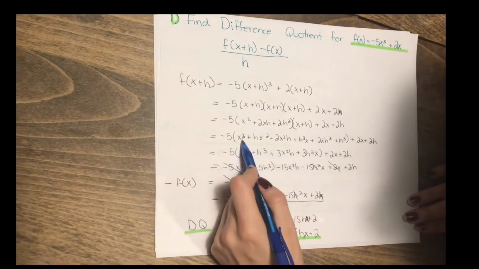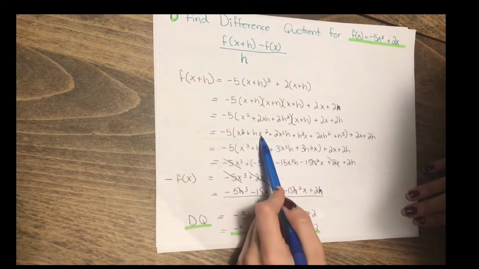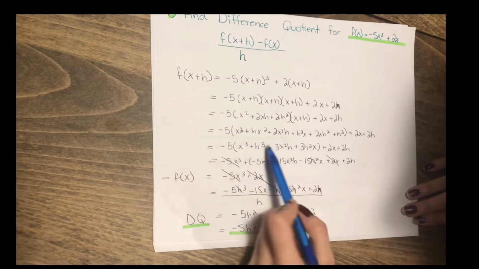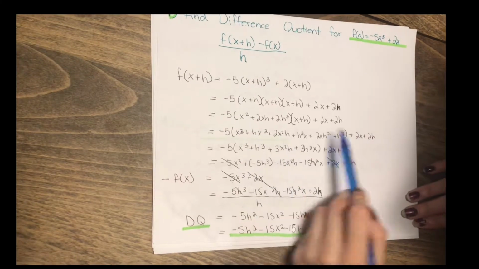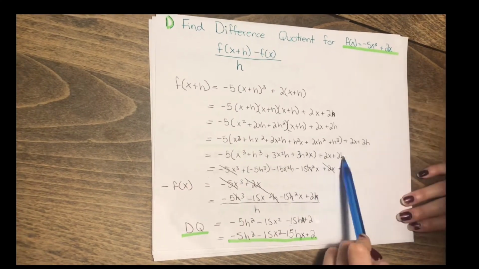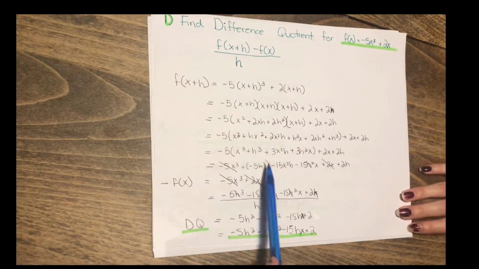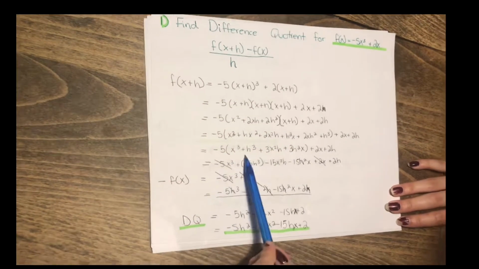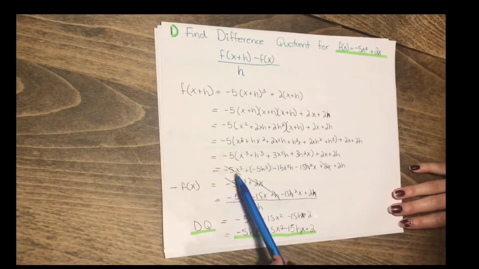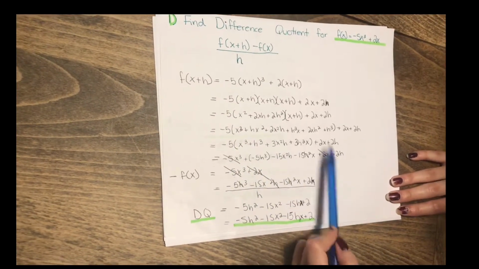Now you're going to combine like terms, and you're going to get negative 5 times x to the third power plus h to the third plus 3x squared h plus 3h squared x, and then you're going to bring down the 2x plus 2h.